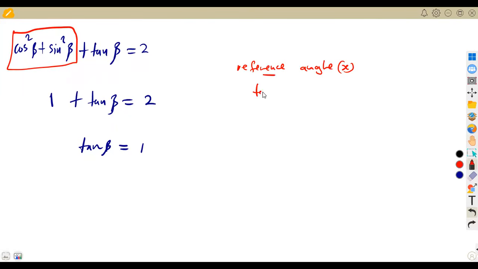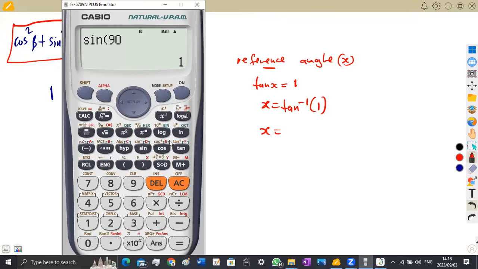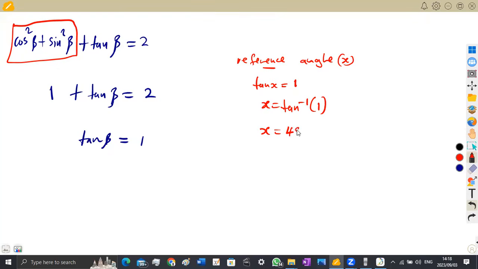So that means the tan of x is equal to 1. So how do I find x? x is going to be equivalent to arctan 1. So x will be, on our calculator, we are going to simply need arctan 1, that is shift tan 1 in this case, which is going to be 45 degrees. All right, so that is 45 degrees.